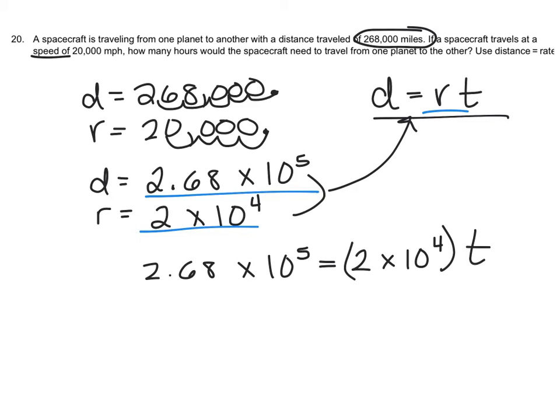In order to isolate the T, I need to do the opposite operation. So right now, T is being multiplied by 2 times 10 to the 4th power. So we're going to divide by this number in order to solve for T.